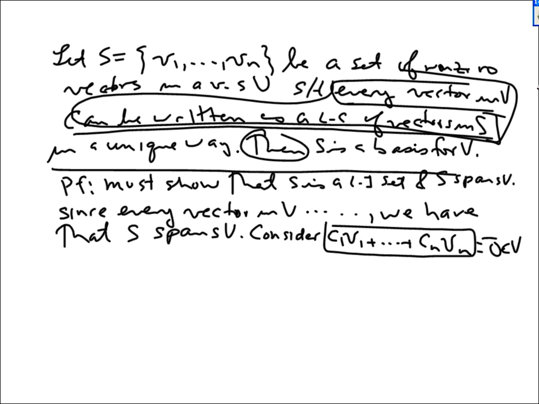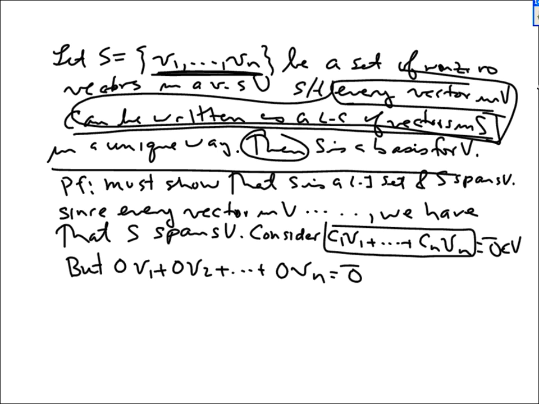Every vector in V can be written as a linear combination using those vectors in a unique way. But 0 times V1 plus 0 times V2 all the way down to 0 times Vn is a zero vector. That's always true. But wait a minute. There's only one way to write this.